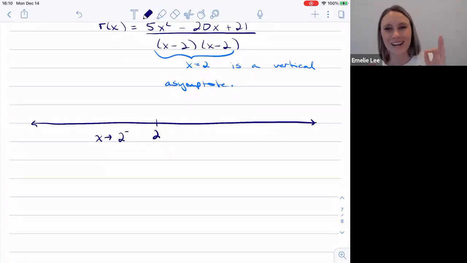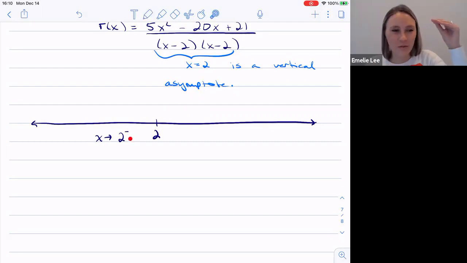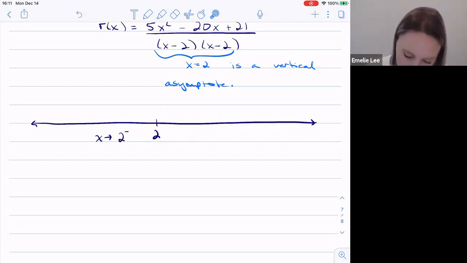If I'm coming towards 2 from the left, maybe something like 1.9, and if I'm approaching 2 from the right, then maybe I'll use something like 2.1 to gauge if it's going in the positive or negative direction.